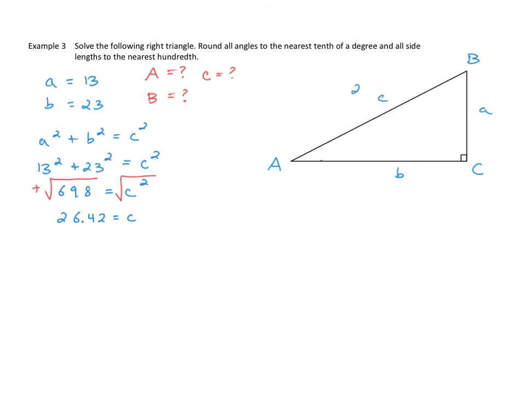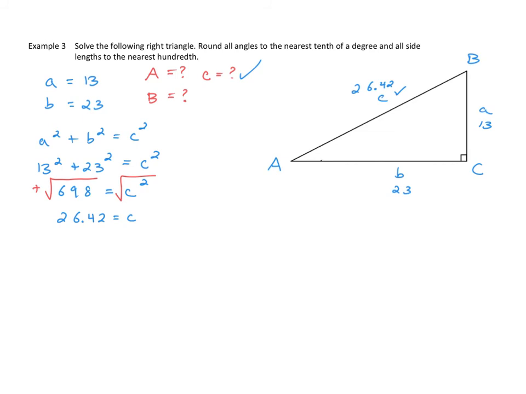So that is the length of this side here. So I have C figured out, and that came from the Pythagorean theorem. And just to label the other stuff in here, I knew that A was equal to 13 and B was equal to 23. That leaves us with finding the measure of angle A and the measure of angle B.